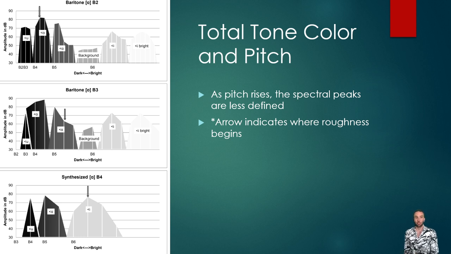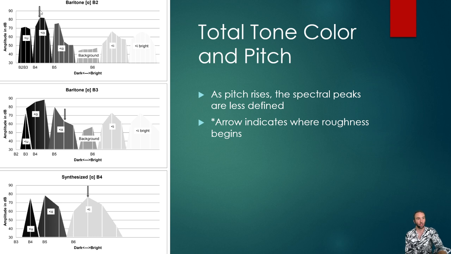So the same thing's going to happen here, but because of that, the percept of the vowel, or what we're hearing as the sung vowel, is going to change because we don't have the same sort of harmonic energy filling up those spectral peaks. So at different points, they're going to switch over tone colors, which would be at a different point than we would expect, right?